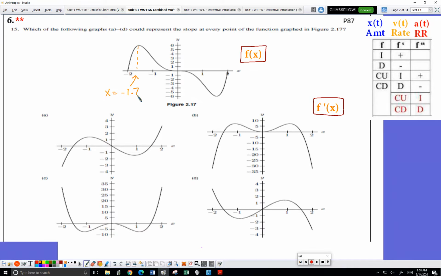At that point on the graph of f, if I were to look at the tangent slope on f, I find a tangent slope whose value is 0. So the tangent slope of f at x equal negative 1.7 is 0 in this case.